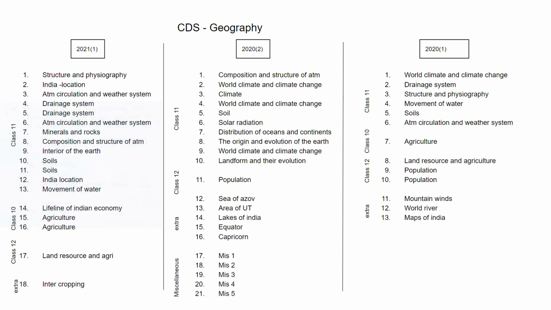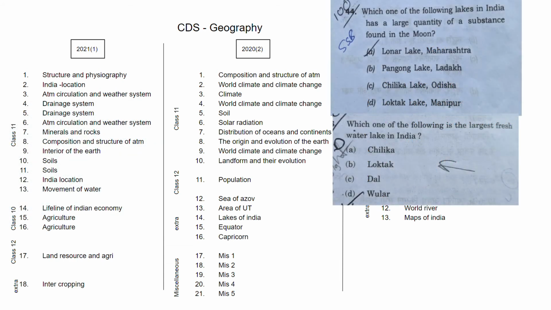Now the next question from extras is on lakes of India. These lakes have been repeated so many times. For example, I have mentioned only one instance. Which one of the following lakes in India has the largest quantity of a substance found on the moon? Lonar Lake, Maharashtra is the answer.